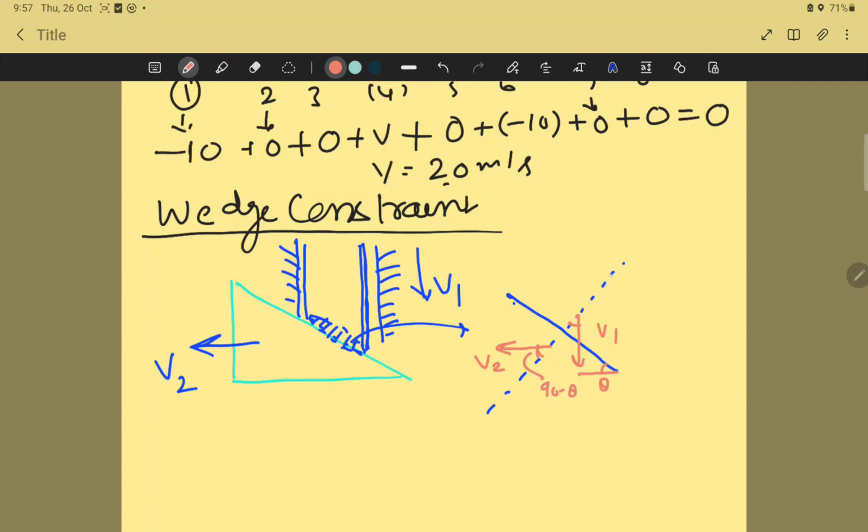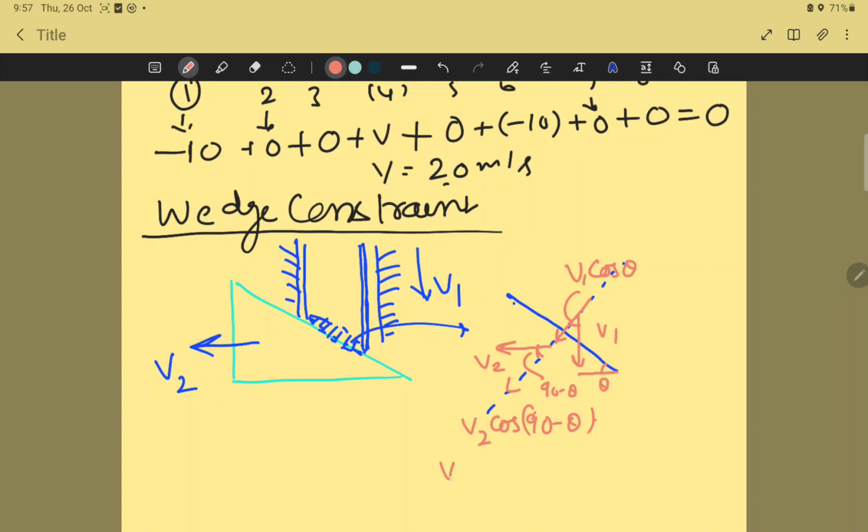Now perpendicular direction, always remember wedge constraint, the perpendicular direction velocity is not changing, so we can resolve along the perpendicular direction. So this velocity will be v1 cos theta, accordingly this velocity will be v2 cos(90 minus theta).